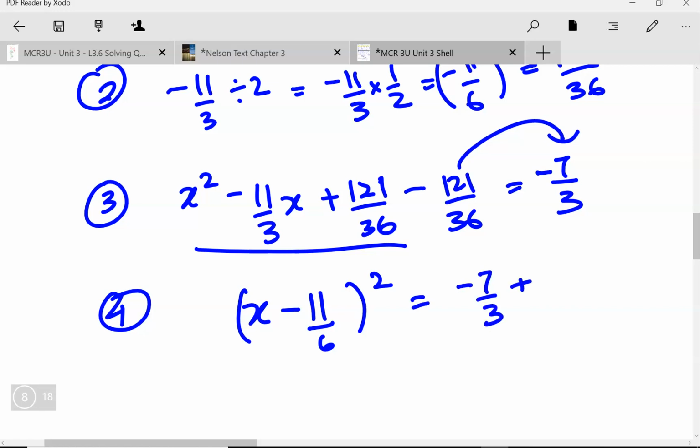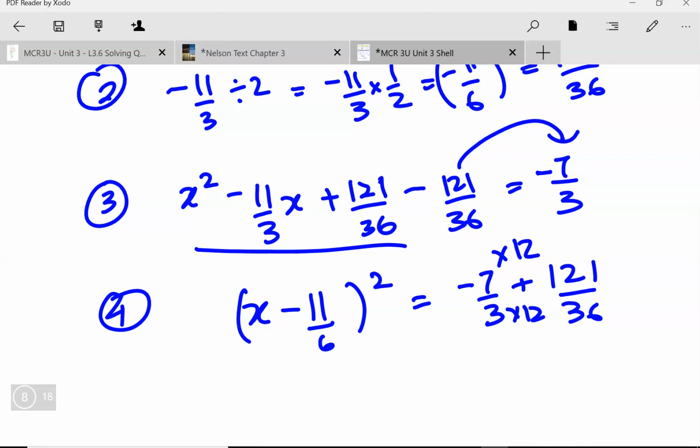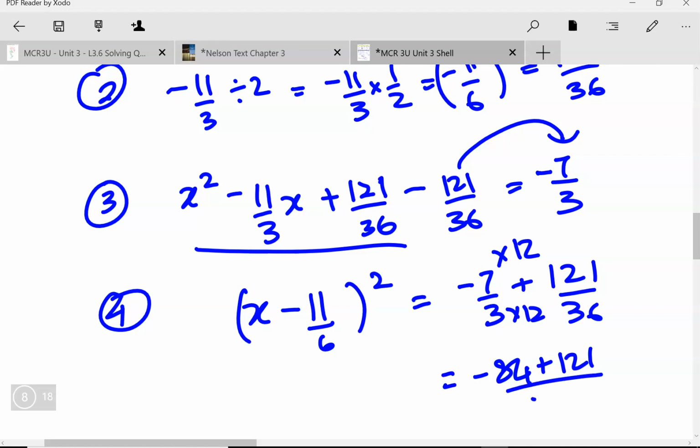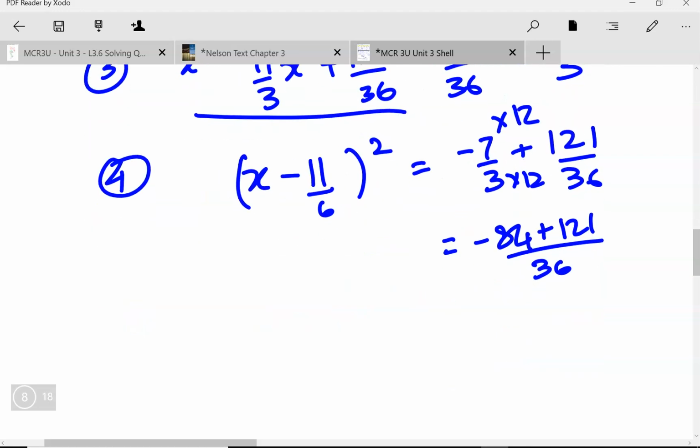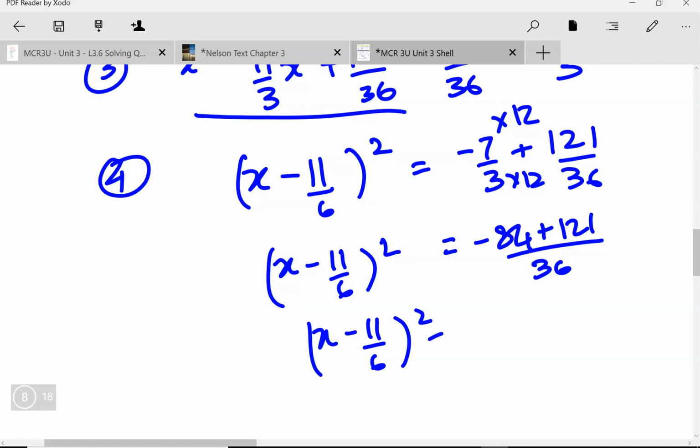negative 7 over 3 plus 121 over 36, multiplied by 12, multiplied by 12. 7 times 12 is 84. Negative 84 plus 121 over 36, that's 37.